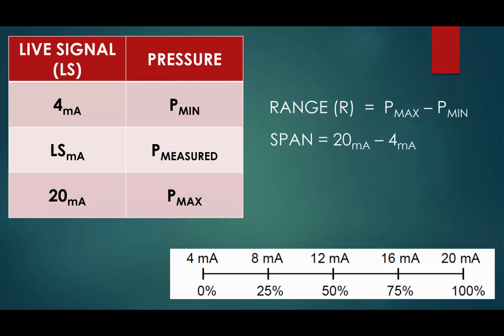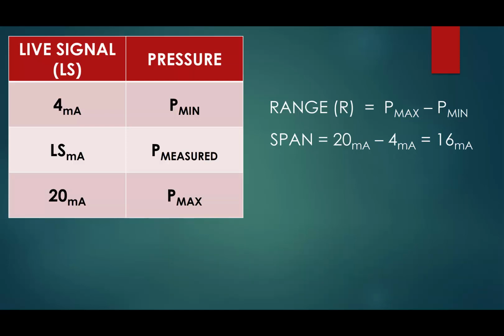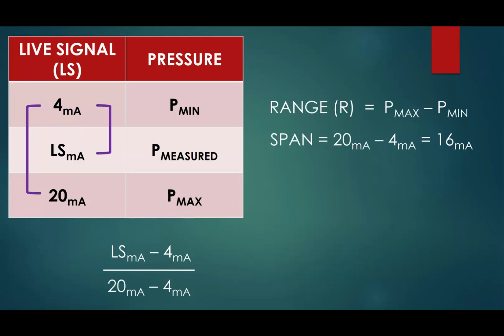Our span is just like the range, the maximum minus the minimum. Our span is the maximum live signal minus the minimum live signal, but those numbers don't change. So it's always 16 milliamps. So taking a closer look at this table and what we're actually calculating. If we look at the difference between the actual live signal and the bottom of our span, and we divide it by the total possible span, we're going to get a percentage that it moved through.